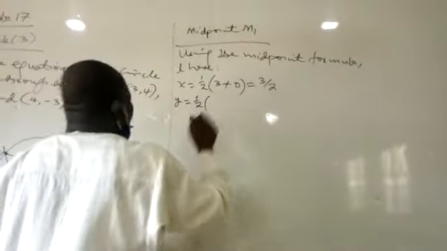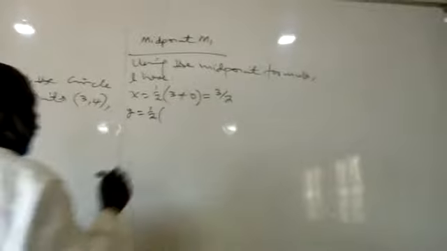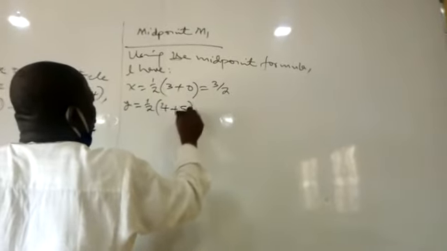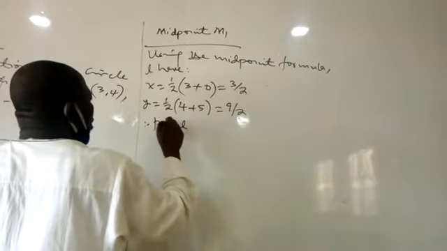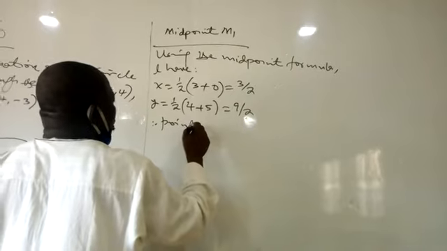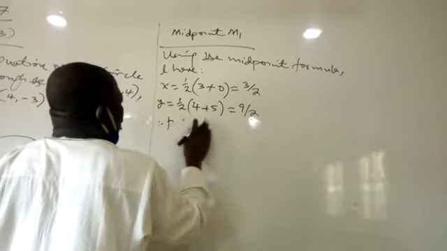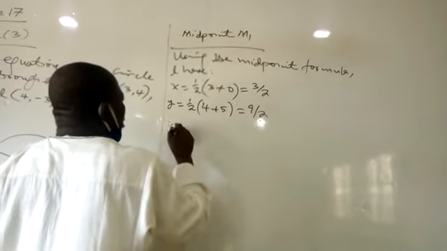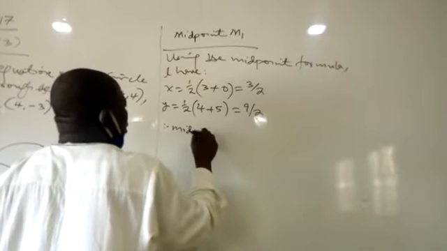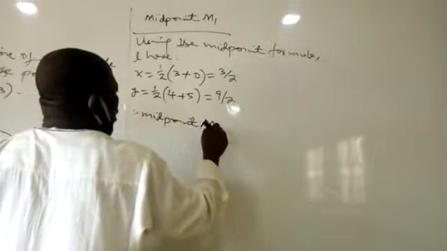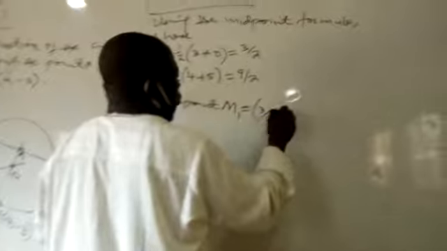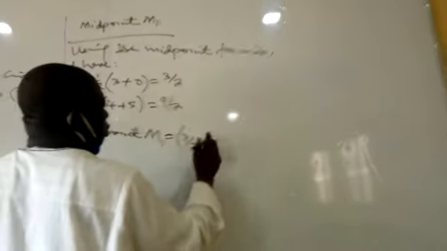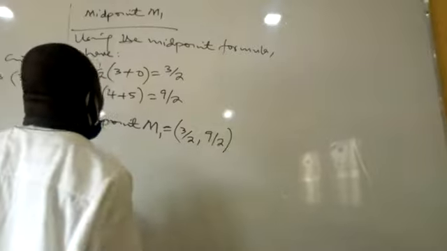Then the y coordinate of that midpoint will be half into 4 plus 5, which is equal to 9 over 2. Therefore, midpoint M1 in coordinate form is (3/2, 9/2). This is the first midpoint.